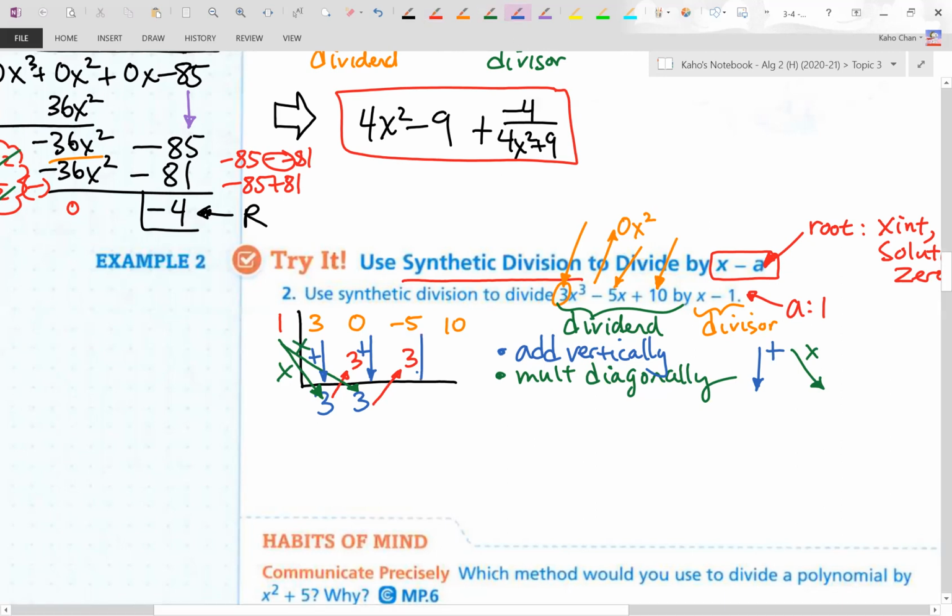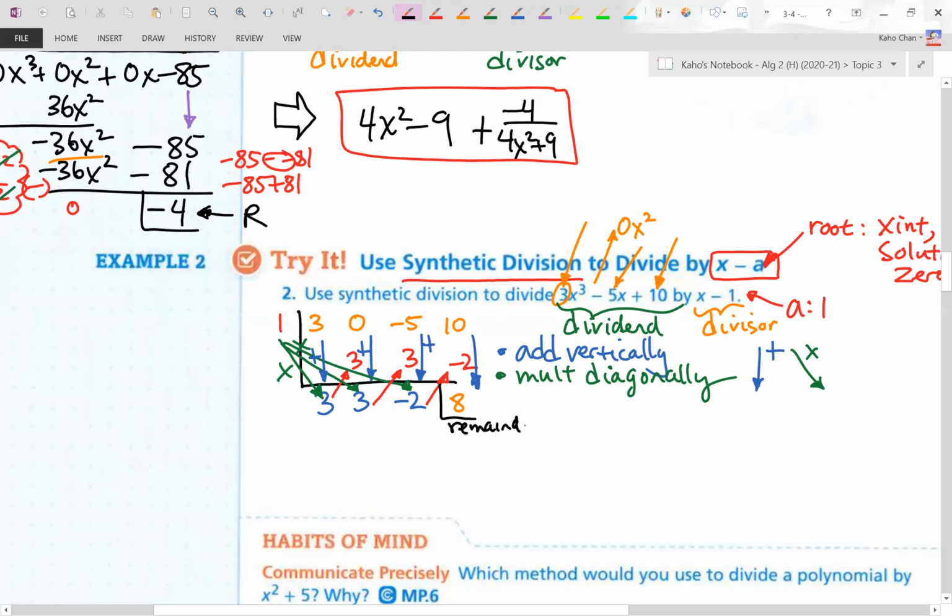Add. -5 plus 3 is -2. Multiply. 1 times -2 is -2. Put it right here. Okay, how are we doing? Last column, add. And you don't really multiply, but 10 plus -2 is +8. That, ladies and gentlemen, is your remainder.